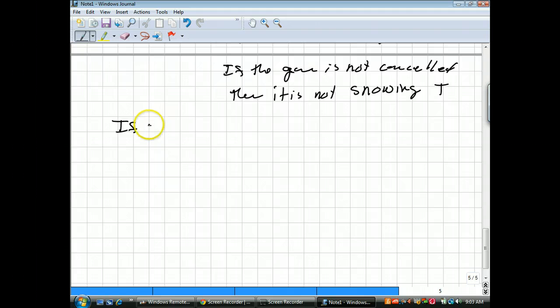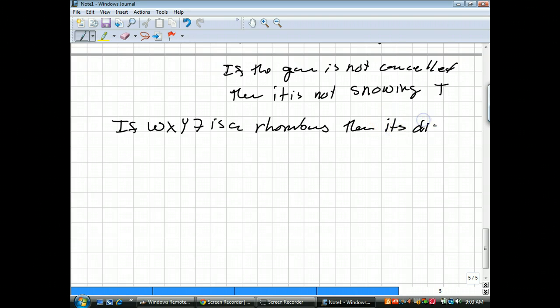If WXYZ is a rhombus, then its diagonals are perpendicular. So the given statement is true.